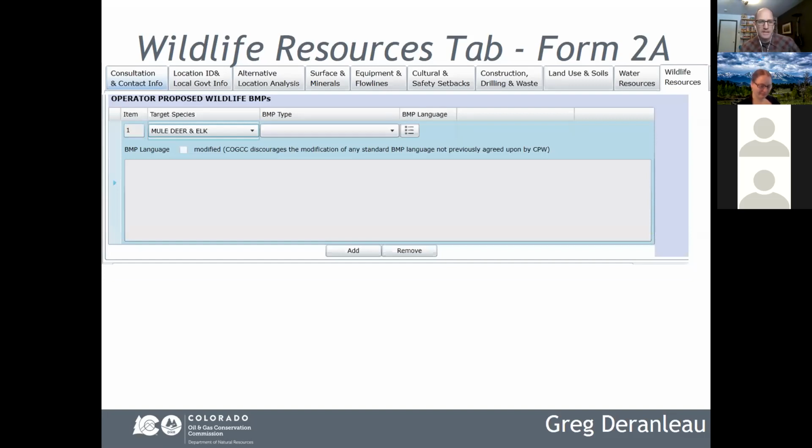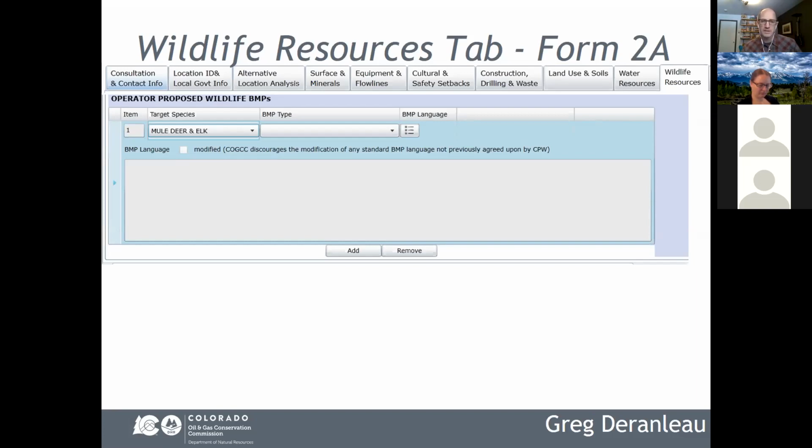And then this very last section of the Wildlife Resources tab is the operator proposed BMPs data grid. You should all be very familiar with this as it has not changed in structure. One thing I did not mention in my earlier comment about not putting BMPs on the Form 2A are the exceptions to that process.